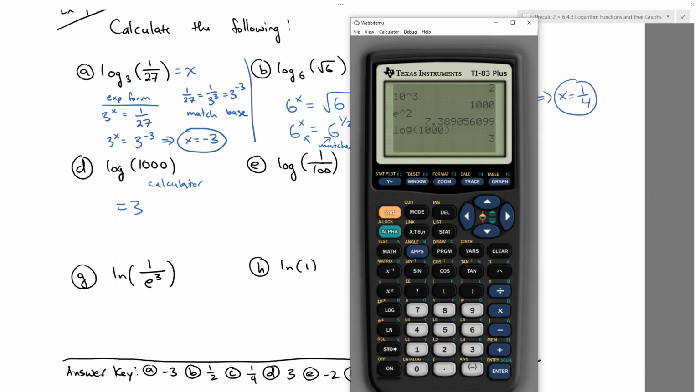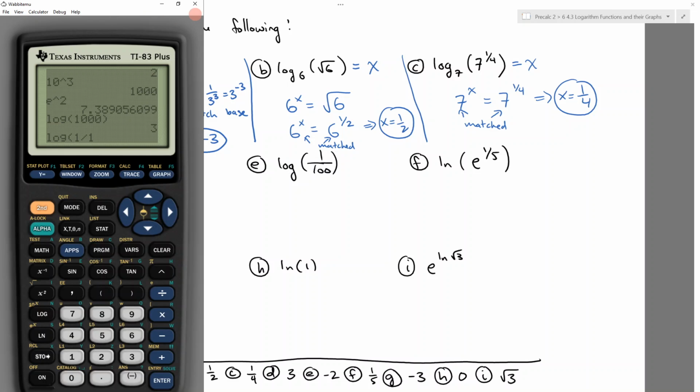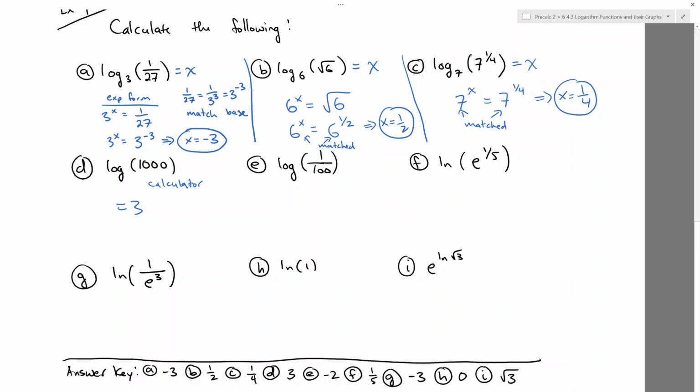Similar for the next one. Common log of 1 over 100 is equal to -2.